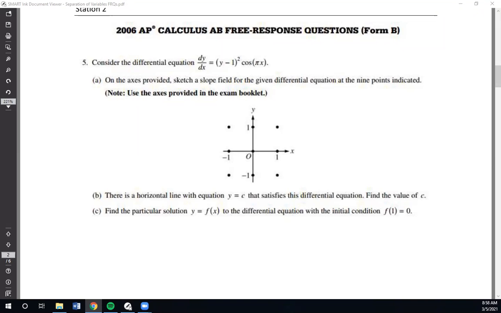Either you knew it or you didn't. And then part C was worth 6 points. So the entire part of this separation of variables, and it splits it into the steps. So there are spaces that even if you didn't identify the right parts or don't finish it all the way, you can still get part of the points for some pretty easy parts of the problem, actually. So let's take a look at that.